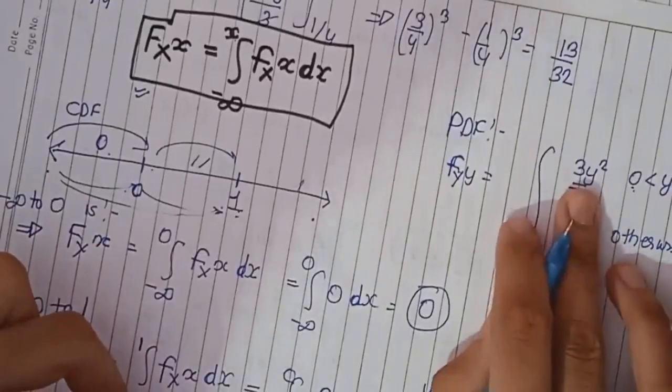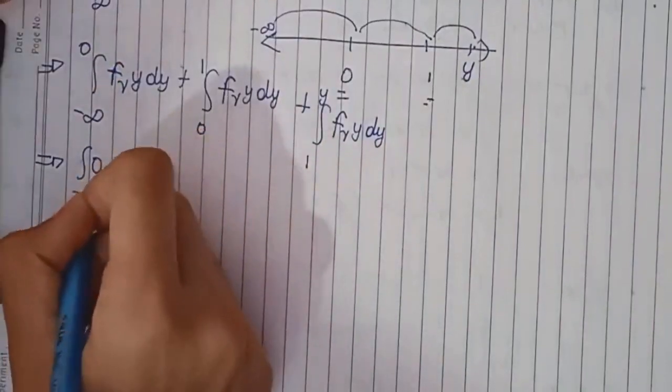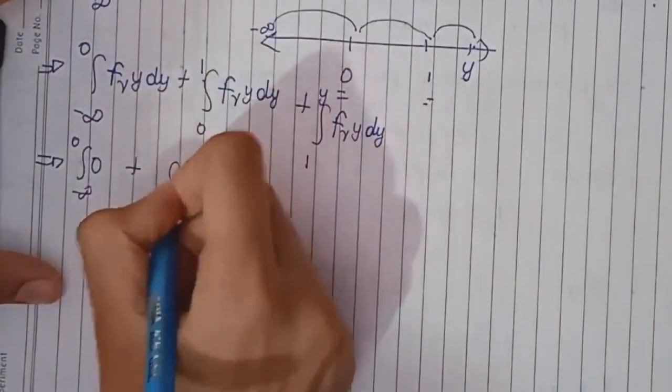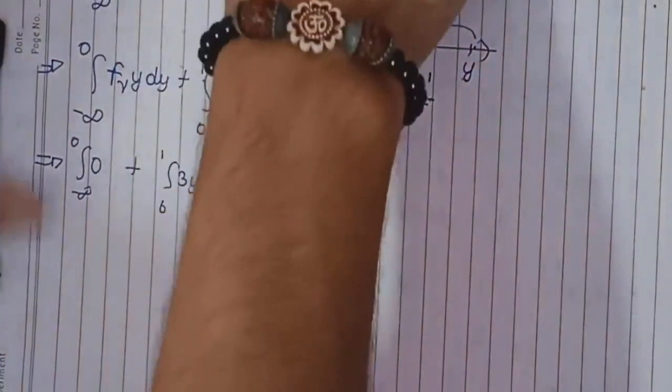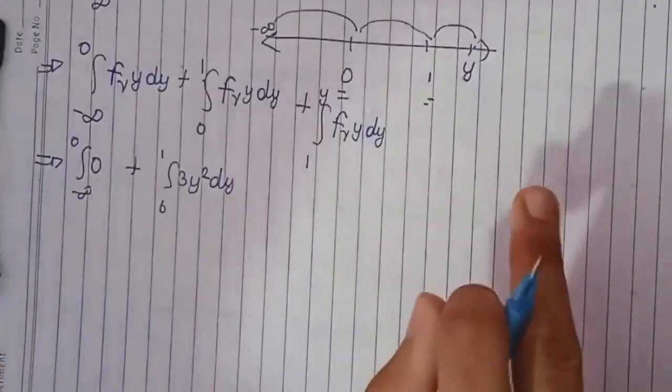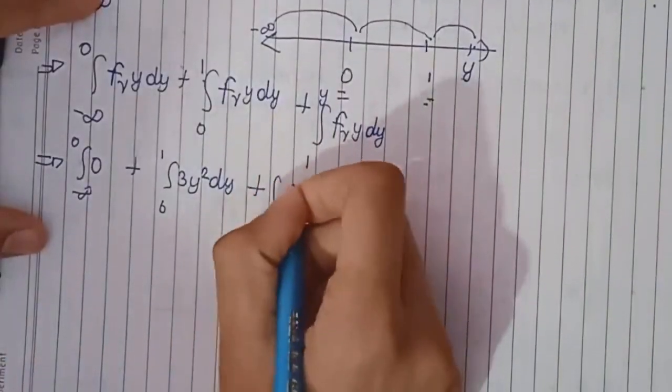And the PDF value between 0 to 1 was 3y squared, so we will put 3y squared in this range of 0 to 1. Now again for the range 1 to y, the PDF value was equal to 0. So again I will put 0 here.